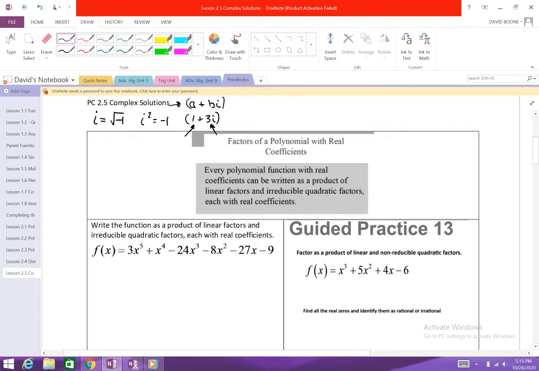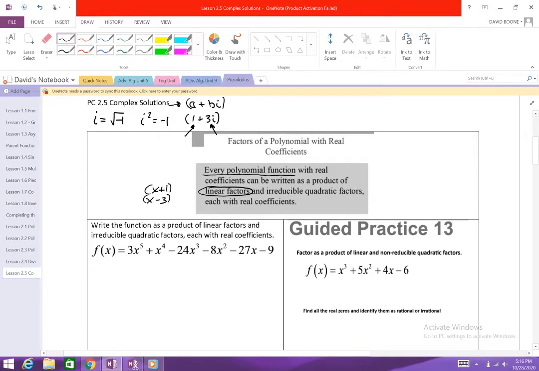First, I'm going to talk about factoring a polynomial with real coefficients. What we know is that every polynomial function with real coefficients, in other words, the coefficients here are real numbers, can be written as a product of linear factors. A linear factor is something like x plus 1 or x minus 3.